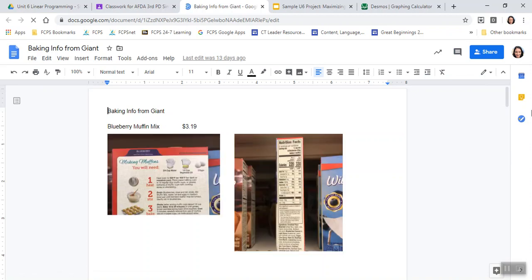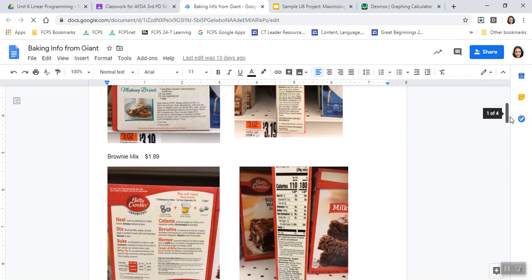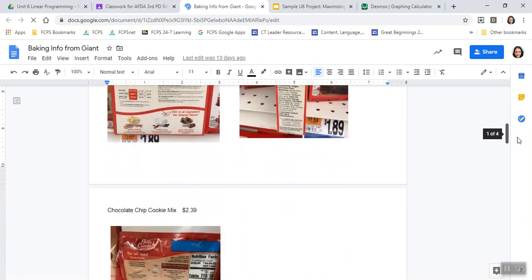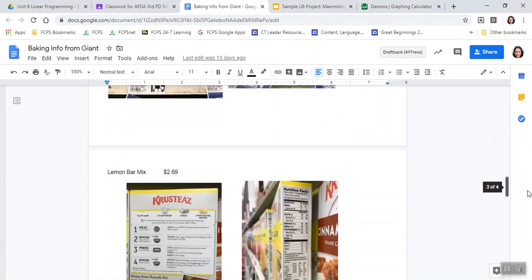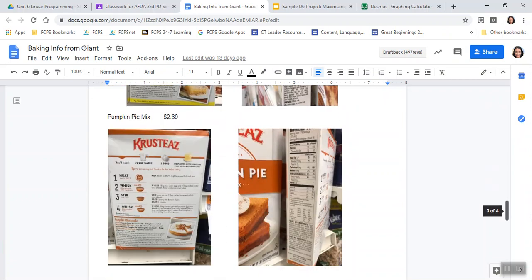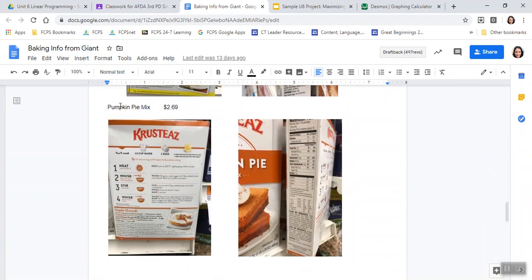The first one's blueberry muffins, or you could make brownies, chocolate chip cookies, cakes or cupcakes, lemon bars, or pumpkin pie. Now remember, this is the price for the mix, but that doesn't necessarily mean that you're making mix. You're making pumpkin pie.